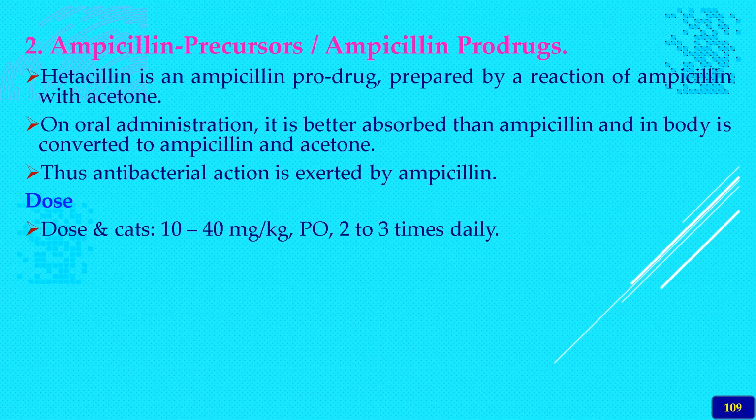So it is converted into two moieties, and the antibacterial action is exerted by the ampicillin. Hetacillin is an ampicillin precursor; in the body, it is broken down to ampicillin and acetone. The dose is in the same range as that of ampicillin, that is 10 to 40 milligram, 2 to 3 times a day.